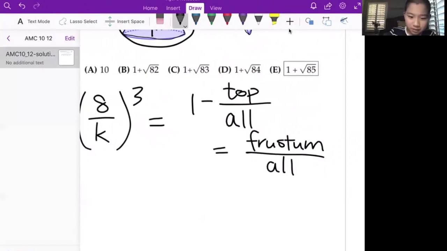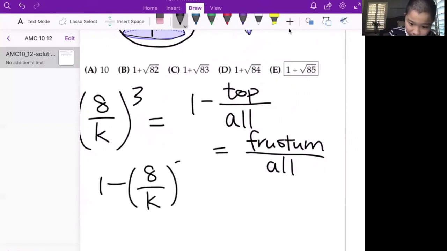So that means 1 minus 8 over K cubed. That's the ratio between the volumes of the top versus the whole thing. That's equal to the frustum over the whole thing.